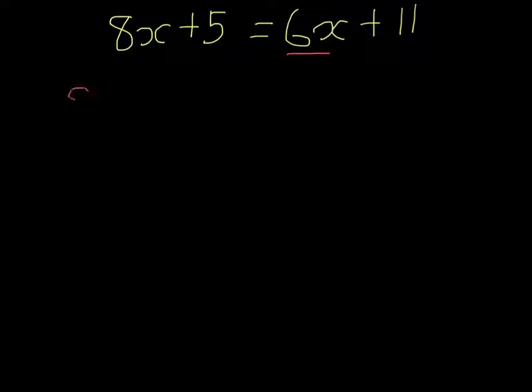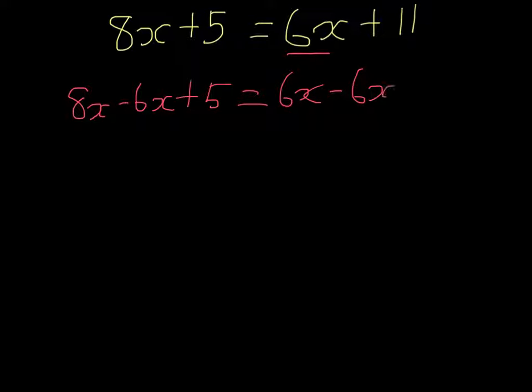So in this case, 8x take 6x, I'm combining the like terms so they're next to each other, plus 5 is going to be equal to 6x take 6x plus 11. So you can see that I did the same to both sides. So took away 6x on one side, took away 6x on the other side.